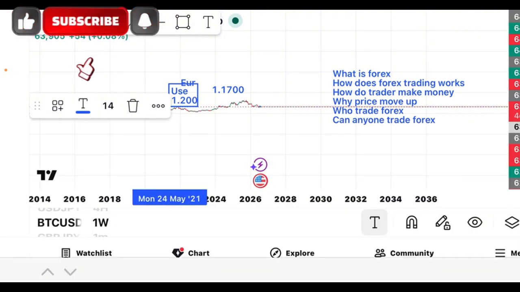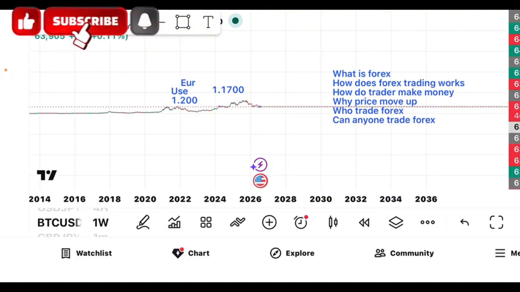Let's assume it that way. In this case now, we all know that the Euro is lower than the USD. That is, the price per 1 Euro is 1.17000, and the price per $1 is 1.200.